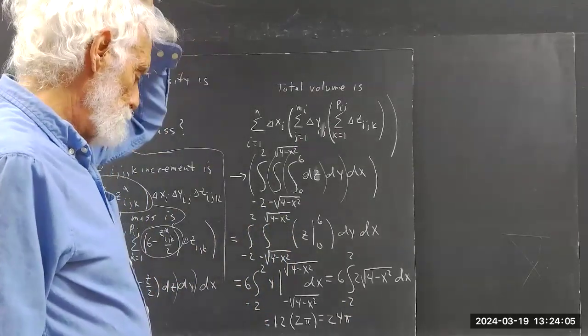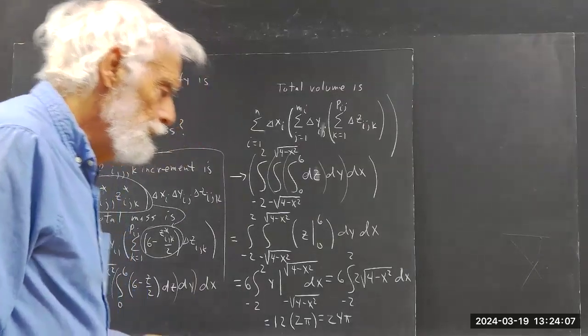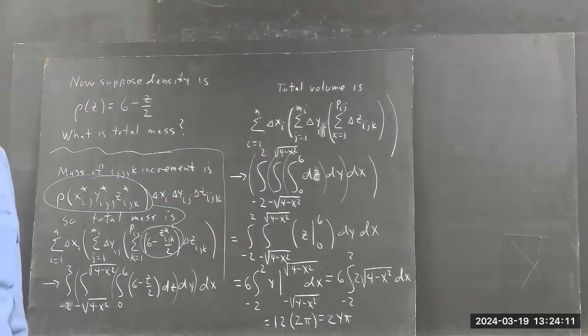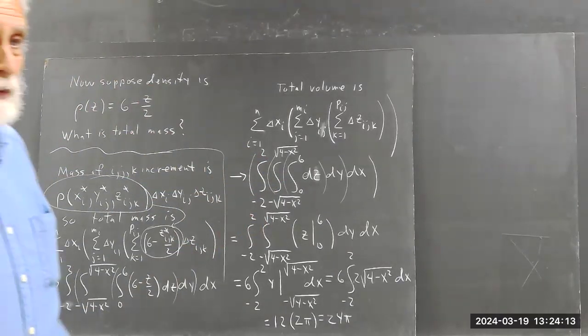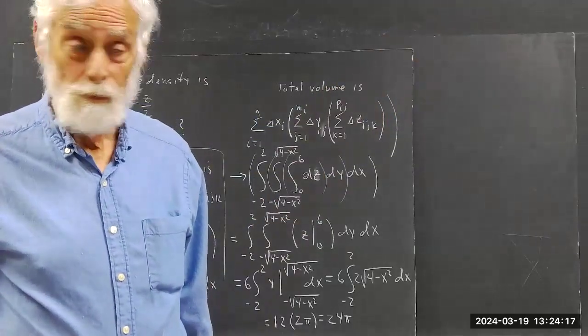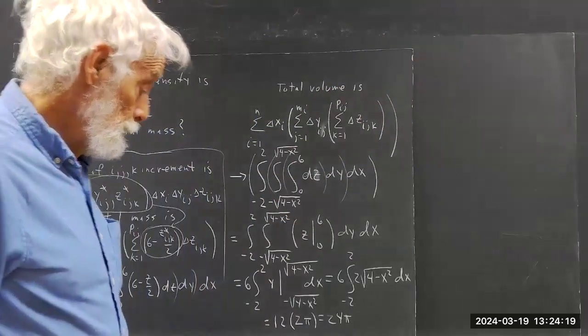Now, what if we change something? Here's one twist we can put into this picture. Another twist is let's just put some plane on the top of this thing. What's that going to change?